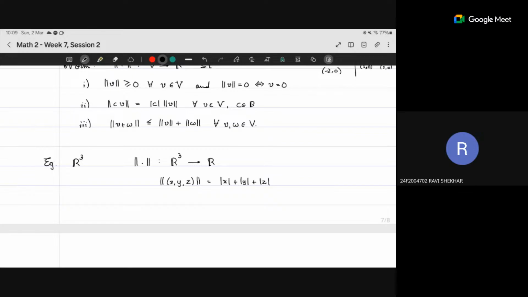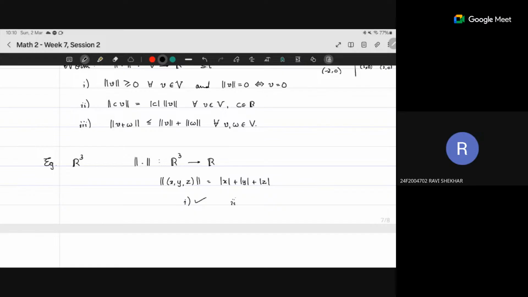Is this function going to satisfy the three conditions? Is it non-negative? Yes, non-negative. It's non-negative because it's a sum of three non-negative numbers, and it will be 0 only when all of these are equal to 0, which means that x is equal to y is equal to z is equal to 0, and you are dealing with the 0 vector. So the first condition is okay.